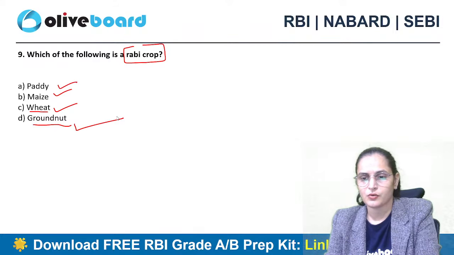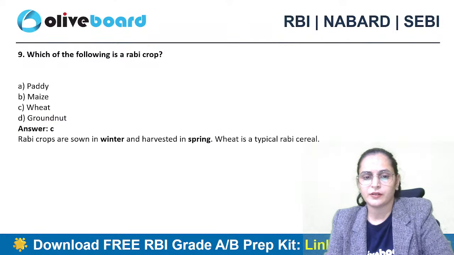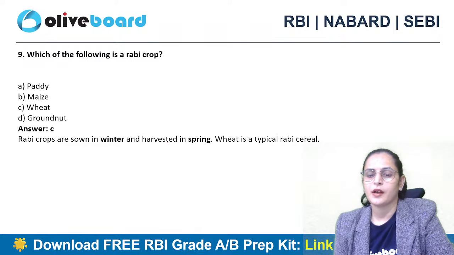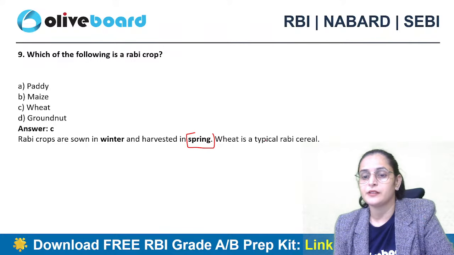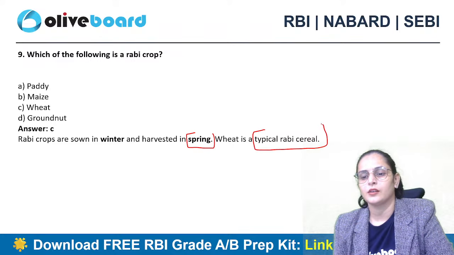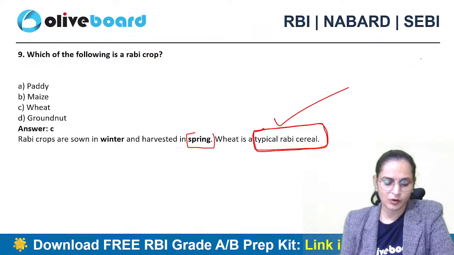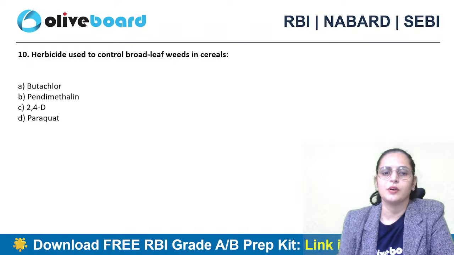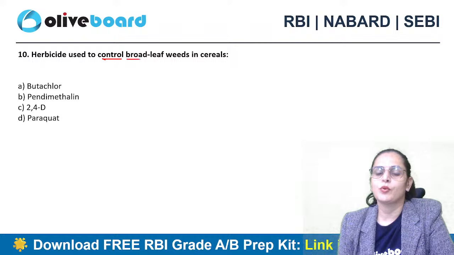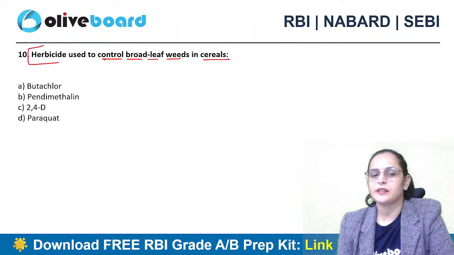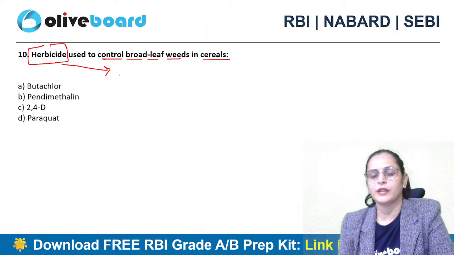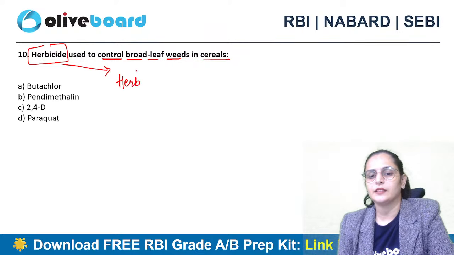Rabi crop. Okay. So we will note that wheat is a rabi crop harvested in spring, and it is a typical rabi cereal. We are not having alternates for it, right? Chalo. Herbicides used to control broad-leaved weeds in cereals. Herbicides are basically chemicals which we are adding or spraying so that they can kill the herbs or the weeds.